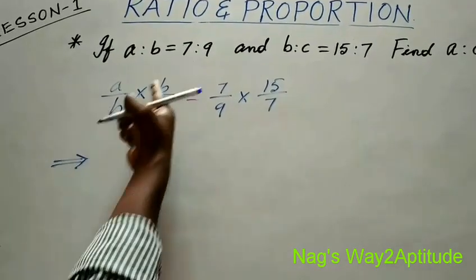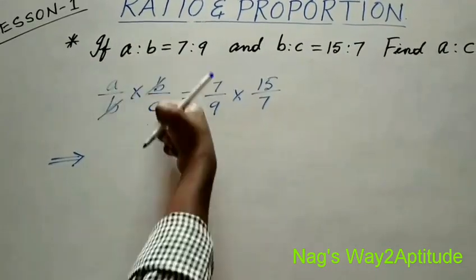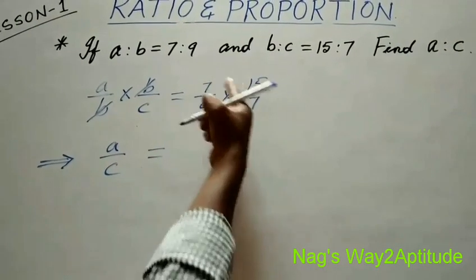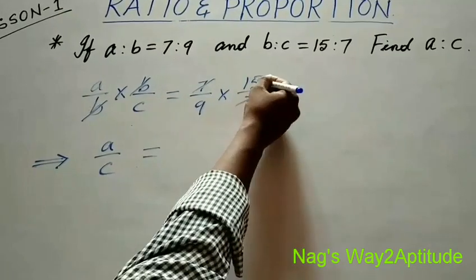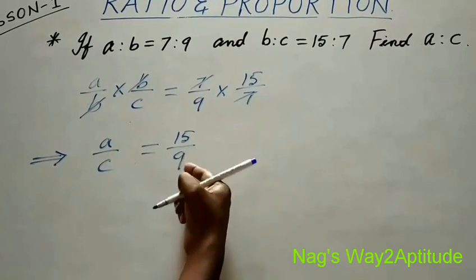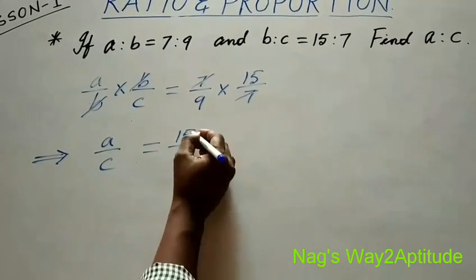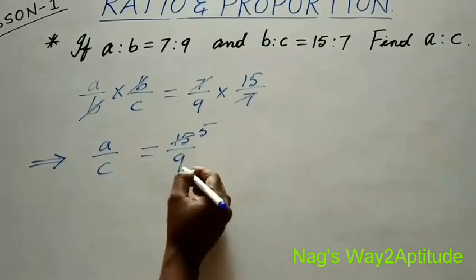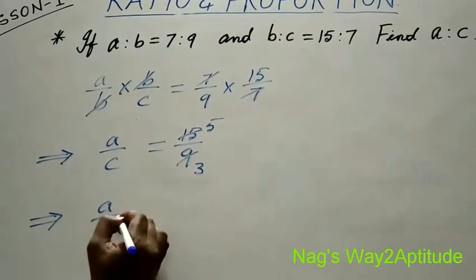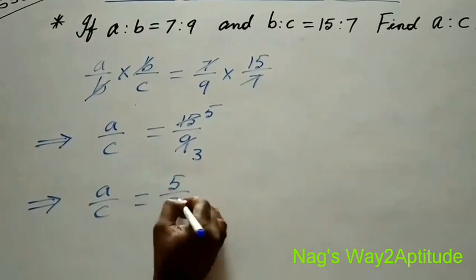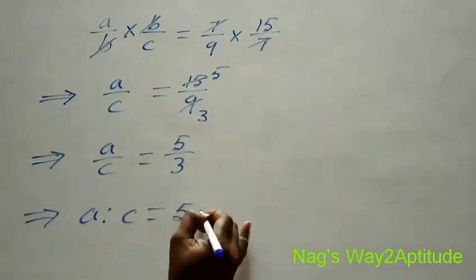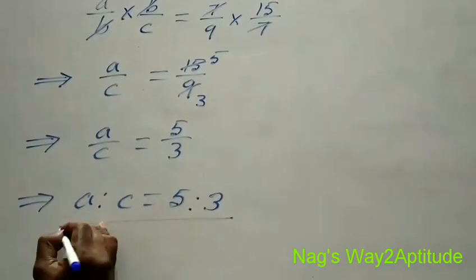Now you cancel B and B and you will get A by C is equal to, you cancel 7 and 7, there will be 15 by 9, and in 15 and 9 you can cancel the 3 table. 3 takes 15 5 times and 3 takes 9 3 times, and finally you will get A by C is equal to 5 by 3. That means A is to C is equal to 5 is to 3. This is the answer.